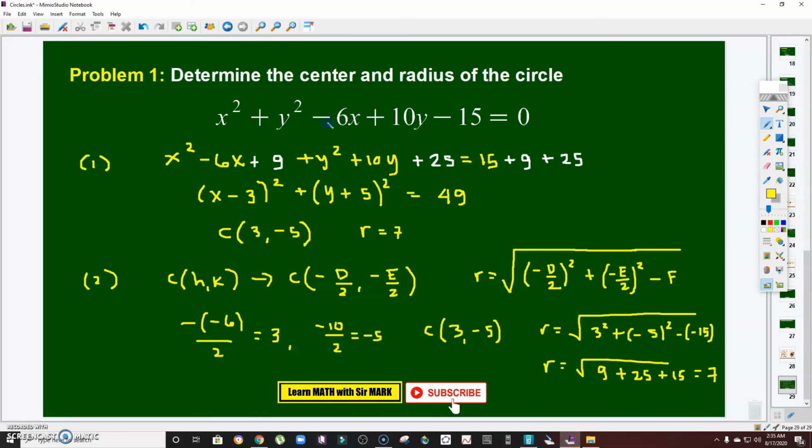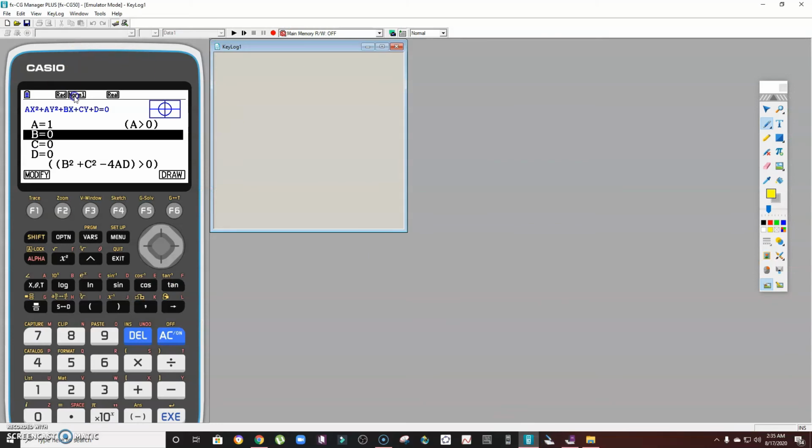Next, what is d, or the coefficient of x, y, and the constant? So take note, negative 6, 10, negative 15. Wag tayo ma-confuse sa b, c, and d. What's important is the coefficient of x is negative 6, the coefficient of y is 10, while the constant is negative 15. See that?